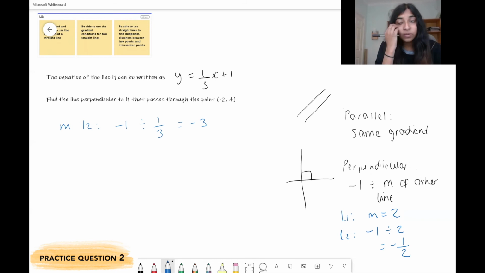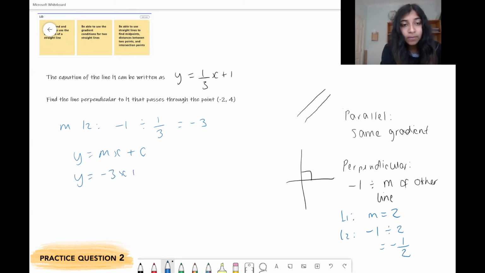Then if we were to write out the new equation in the form y equals mx plus c, we could use that form of equation. Our m would be -3, so we just have y equals -3x plus c.